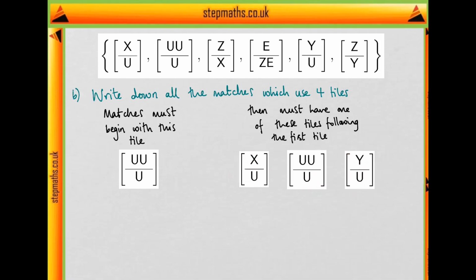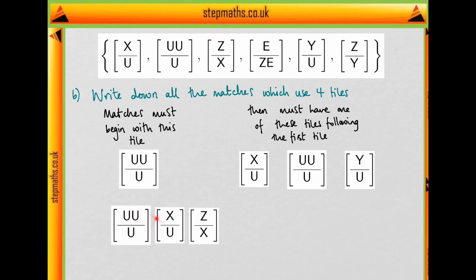Okay, so first let us suppose that we have this tile followed by this one. So now we see we have UUX on the top. So for a match, we're going to want an X to follow these 2 U's on the bottom as well. So the next tile that we put down must have an X on the bottom, and we see that the only choice for that is this tile here.